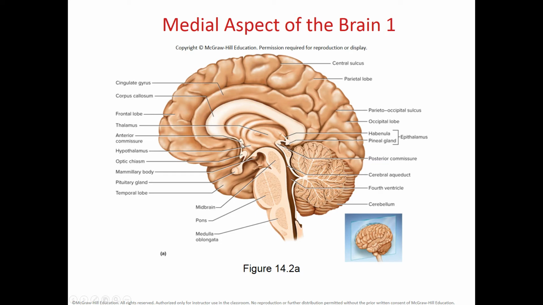And then we have here, anterior to the thalamus, the anterior commissure that, similarly to the corpus callosum, also helps to connect the left and right hemispheres. And then below, we have the optic chiasma, and then we have the pituitary gland in here, the one that sits into the sella turcica of the sphenoid bone.